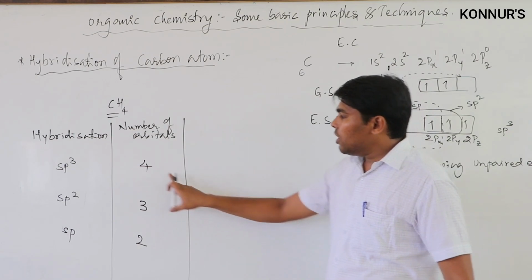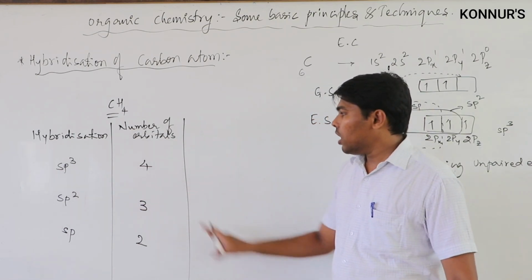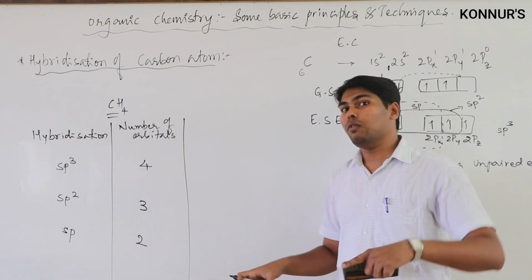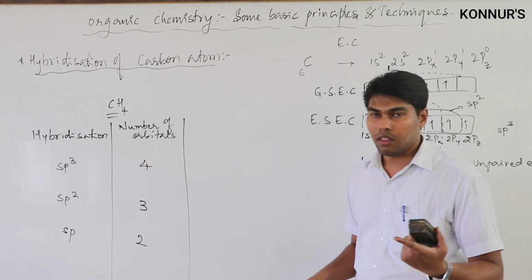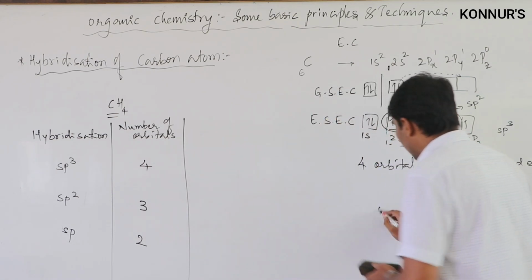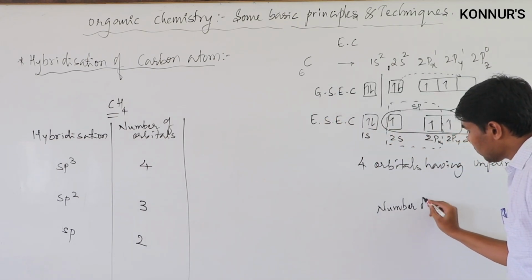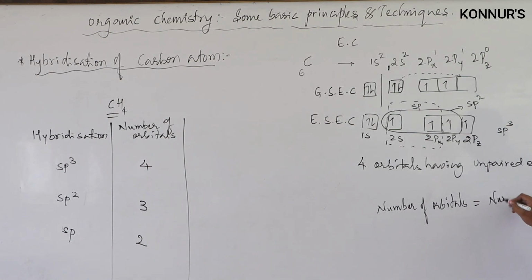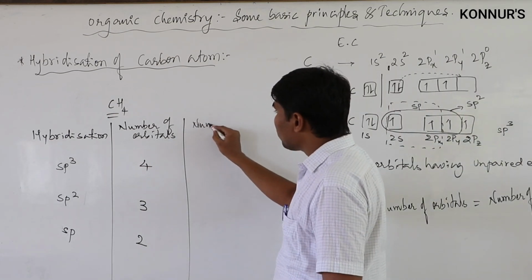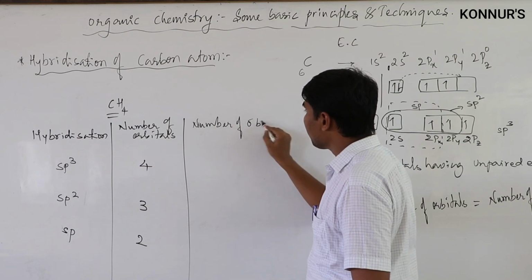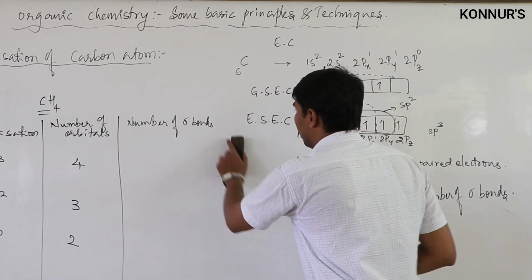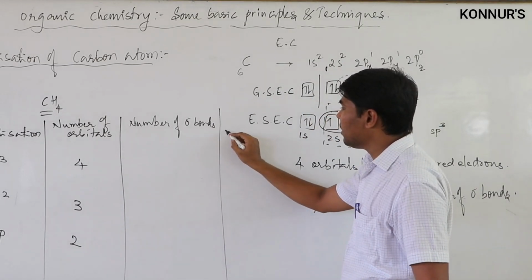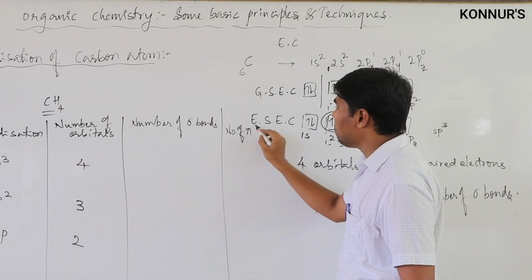Remember that in sp3 hybridization, if 4 orbitals are there, all 4 will form sigma bonds. So the number of orbitals is equal to the number of sigma bonds. I would like to write number of sigma bonds here, and let us write number of pi bonds here.